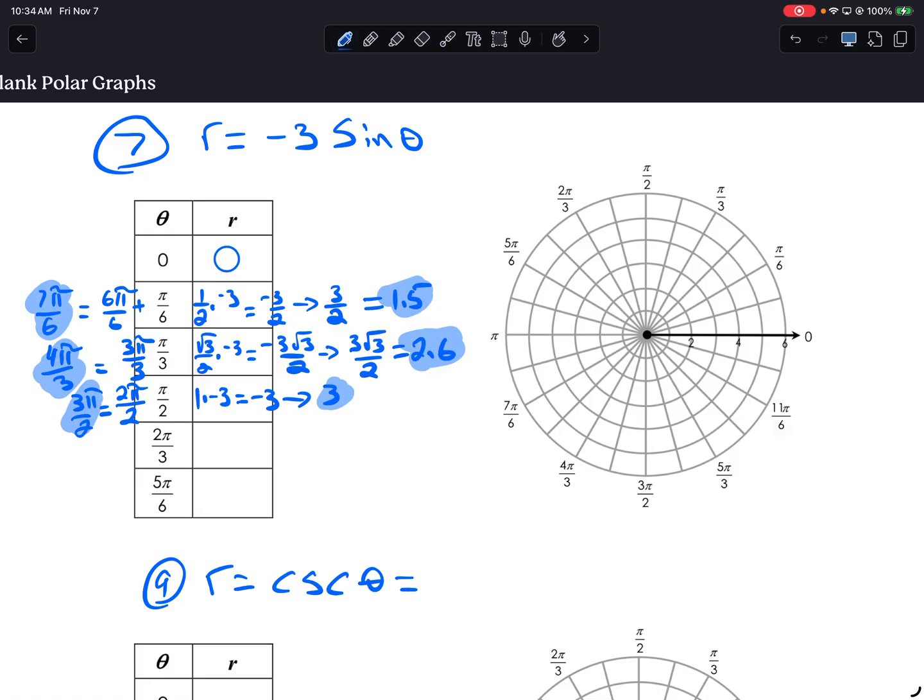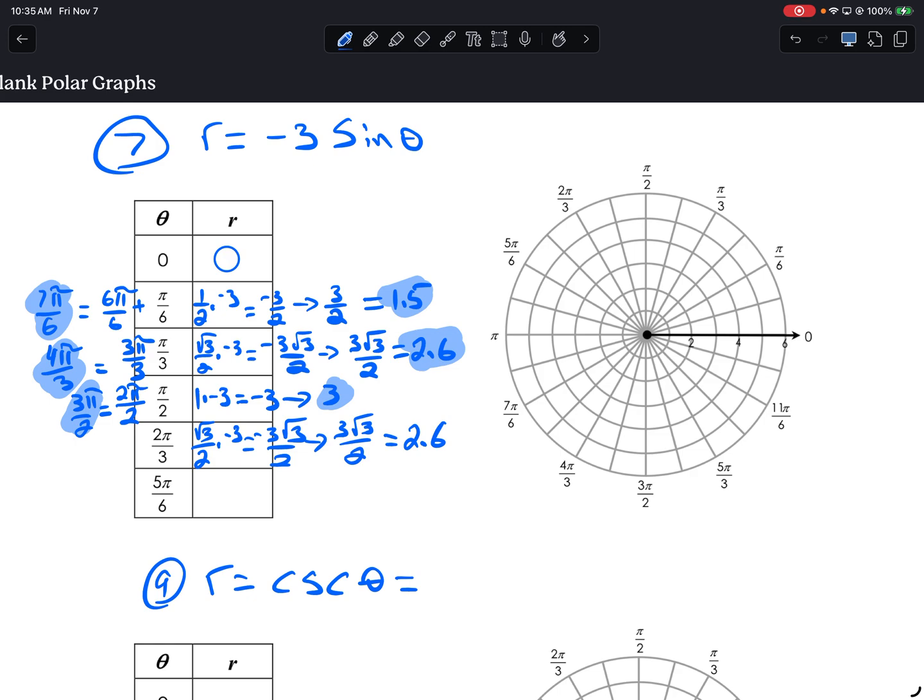2 pi over 3, the y value is root 3 over 2. So it's the same thing as pi over 3, right? Root 3 over 2 times negative 3 equals negative 3 root 3 divided by 2, which we then make positive, 3 root 3 over 2, which equals 2.6 again.